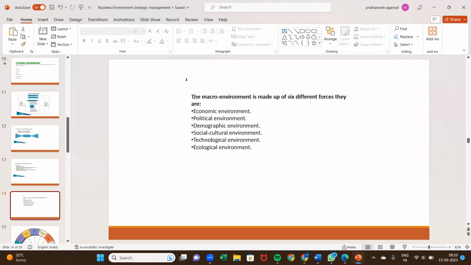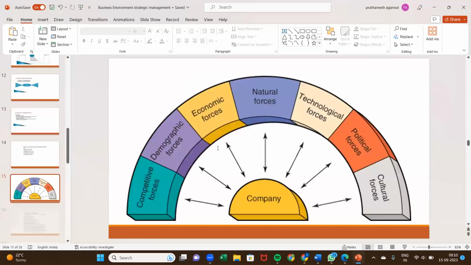The macro environment is made up of six different forces: economic, political, demographic, social, cultural, technological, and ecological.